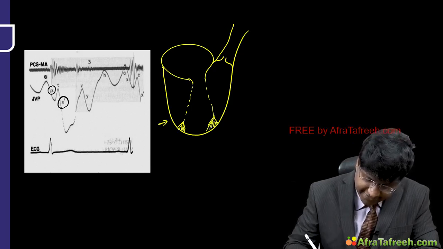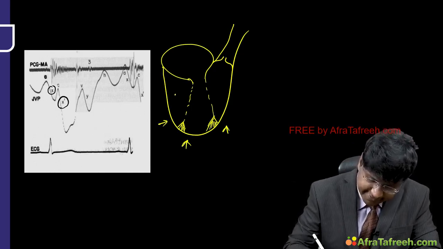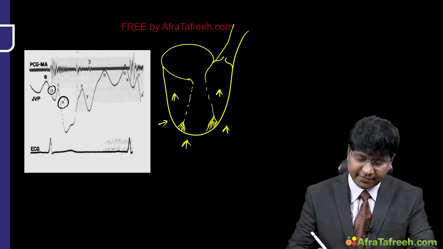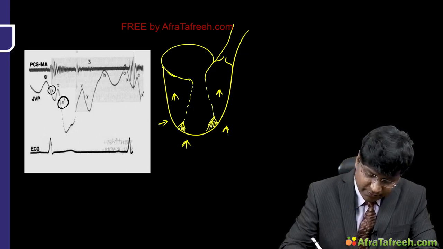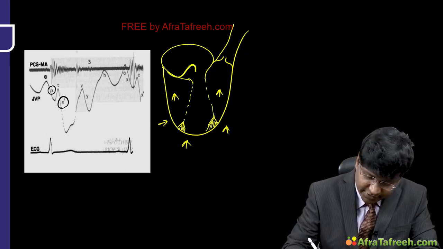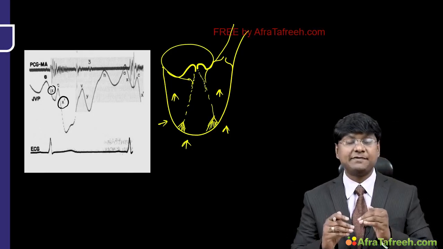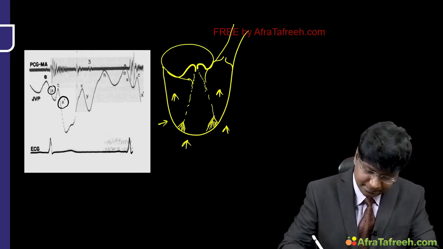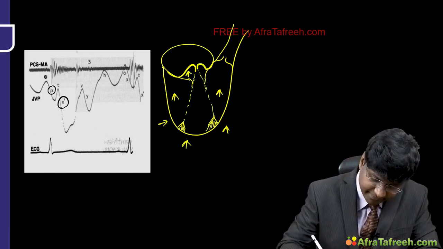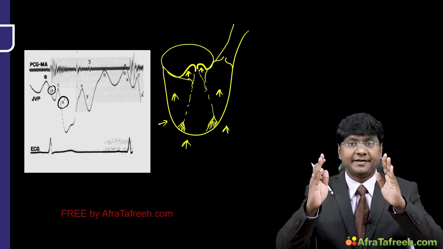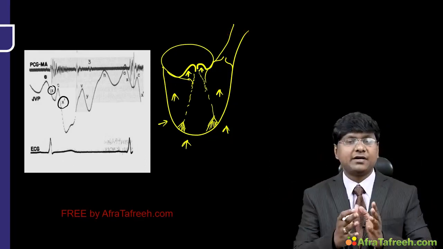When the right ventricle is contracting, the pressure within the right ventricle increases, and that pressure is exerted on the tricuspid valve leaflets. These particular tricuspid valve leaflets are pushed into the right atrium during right ventricular contraction.